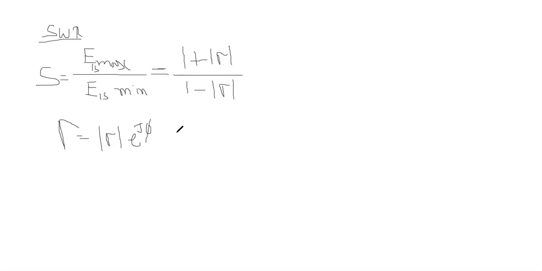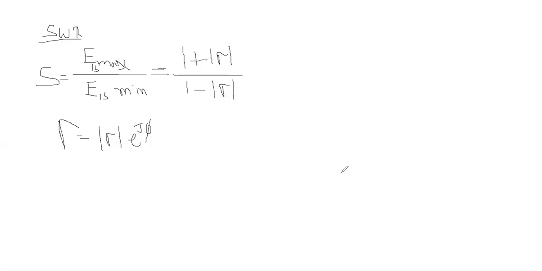For the standing wave ratio, we assume E1 and E2 in a conducting medium, not a dielectric medium. It is fully reflected, there is no transmission, only the reflection coefficient.